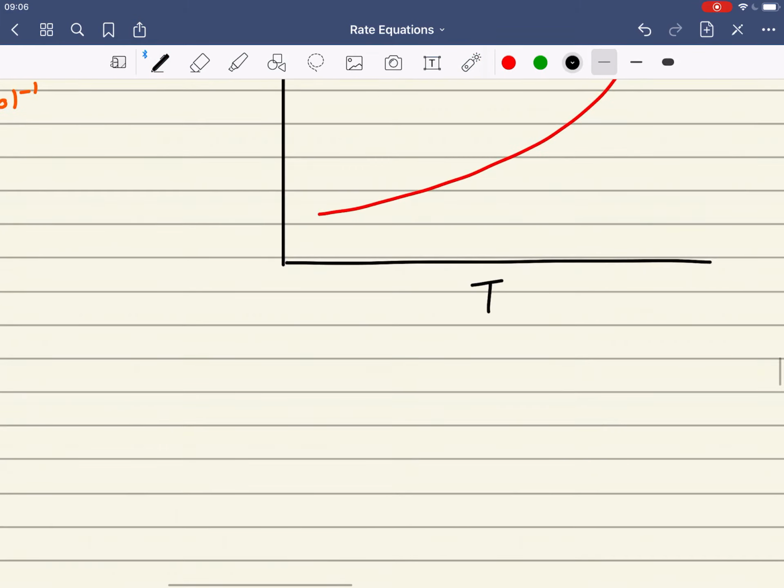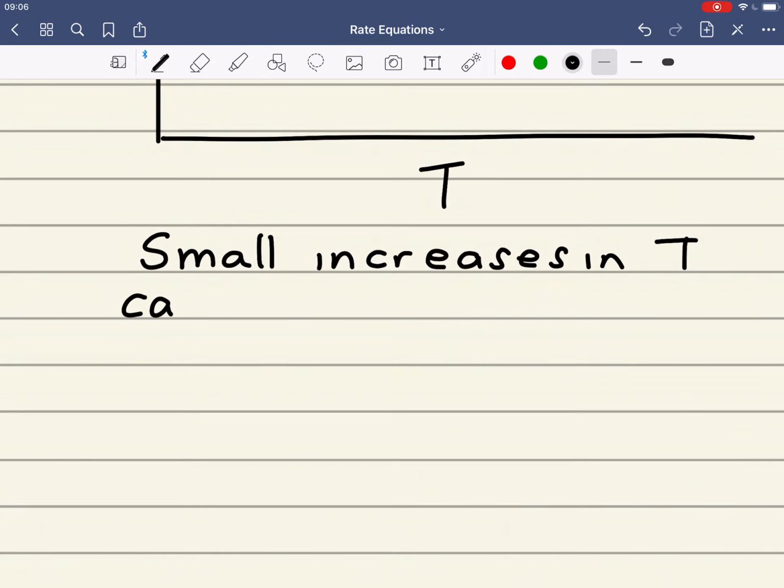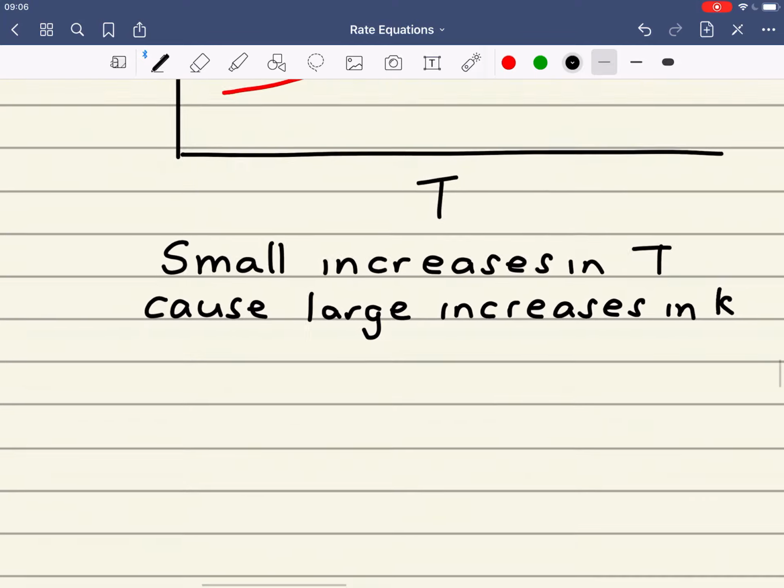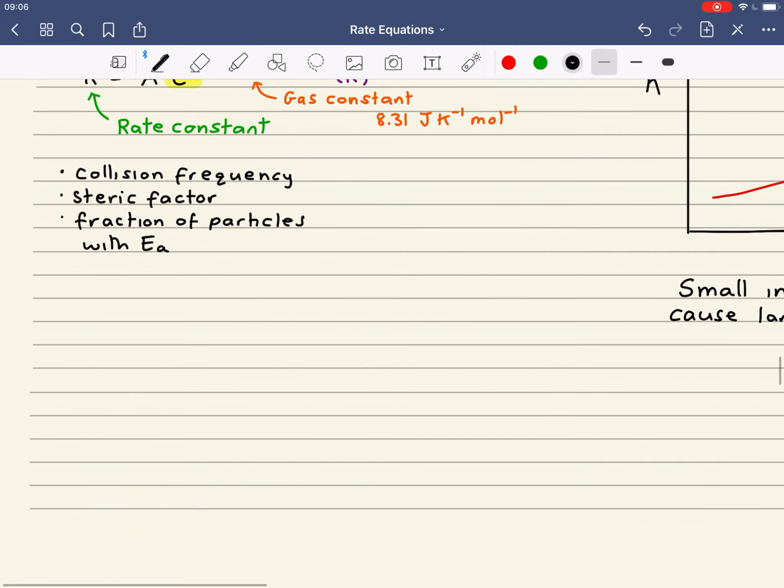So we can say then the graph is telling us small increases in T cause large increases in K. And we can show that by just putting some numbers into the equation.